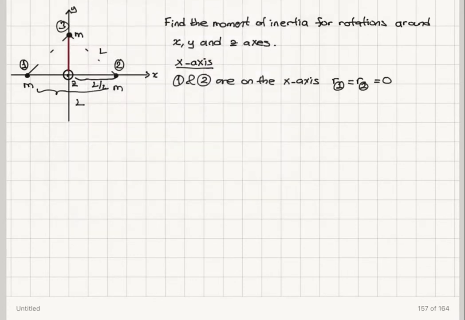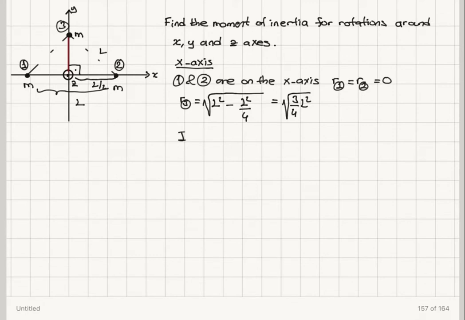And obviously I can use this right triangle with sides hypotenuse L and one side L over 2. So this is my right triangle here. R3 would be equal to square root of L squared minus L squared over 4. That's going to be square root 3 over 4 L squared. That's R3.